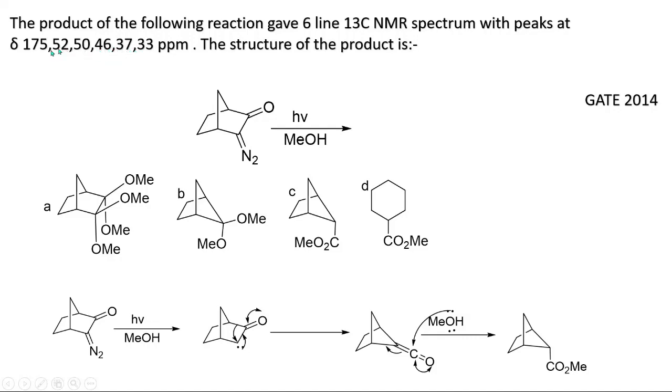This is also sp3 hybridized but attached to a heteroatom or electron withdrawing group. This is for the OMe group, and this 50 value is for the carbon attached to the carbonyl carbon. So option C will be the correct answer.